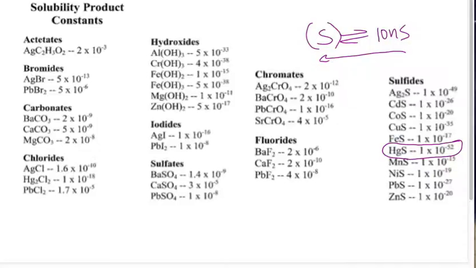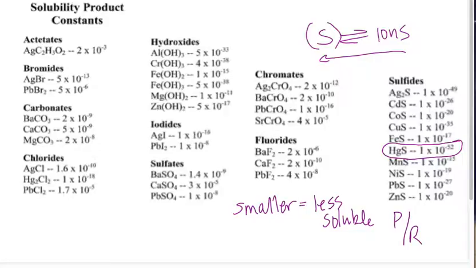Well, but that's not solubility, sorry. This is just the constants. So basically what you do need to know: the smaller the KSP, the less soluble the substance is. So make note of that. Smaller equals less soluble, which makes sense because with products over reactants, if K is super small, you have tons of reactant and very little product, which means you have tons of solid and very little ions.